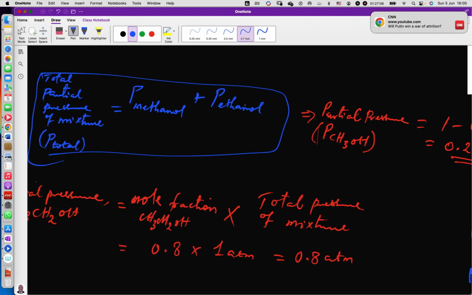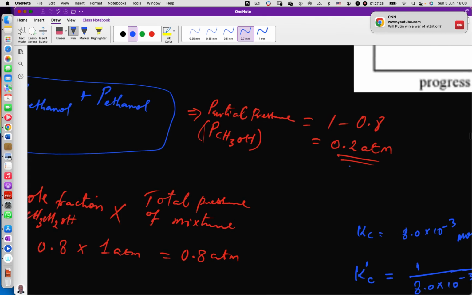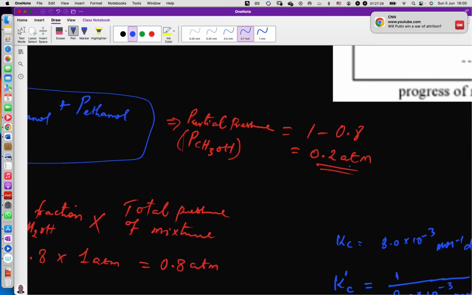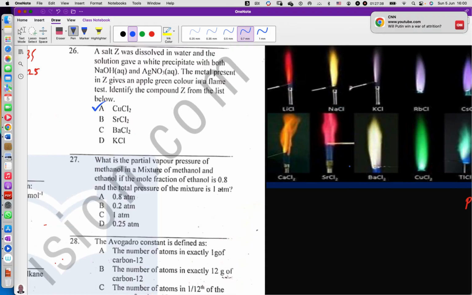So rearranging the equation, the partial pressure of methanol will be the one for the mixture minus the one for ethanol. If we do like that, we'll have 1 minus 0.8, which will be equal to 0.2 atmosphere. That will be our partial pressure for methanol, and 0.2 in our answer column will be B.